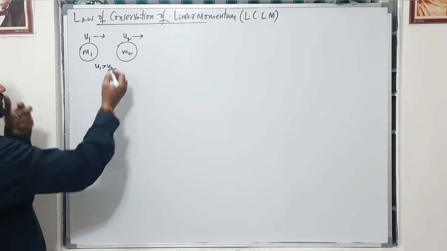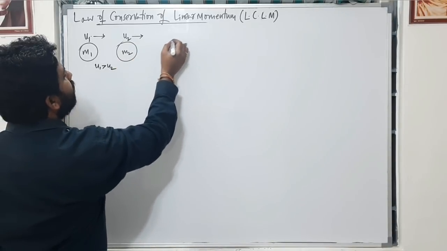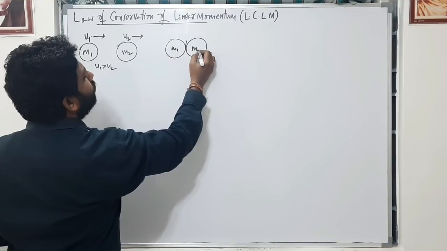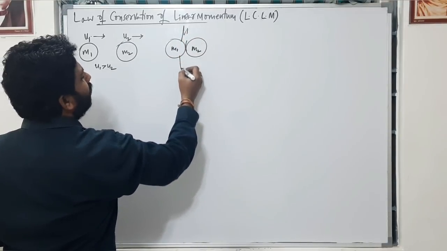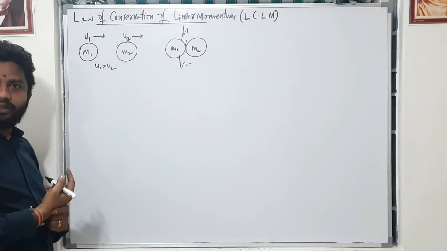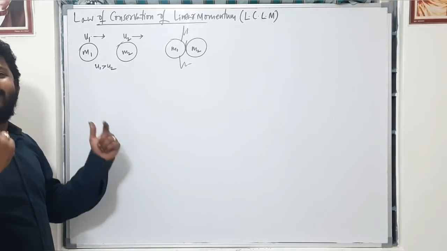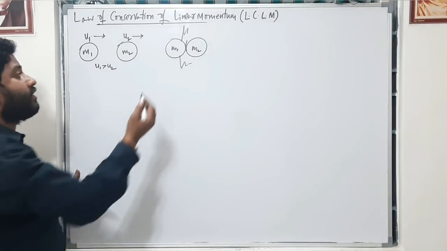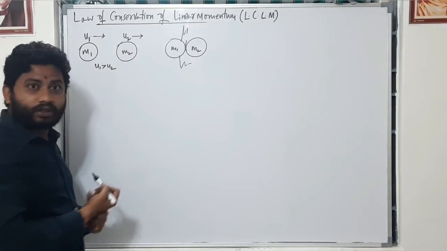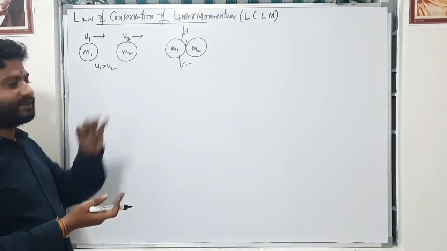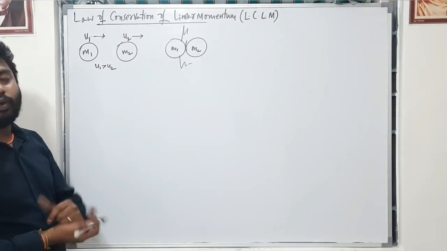What happens? After some time, these two bodies will collide. This is m1 and this is m2. During the collision, the linear momentum exchange takes place. The linear momentum transfer takes place from here to here, according to their masses and their initial velocities. This is during collision condition.